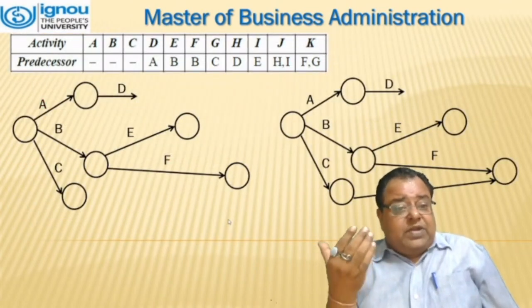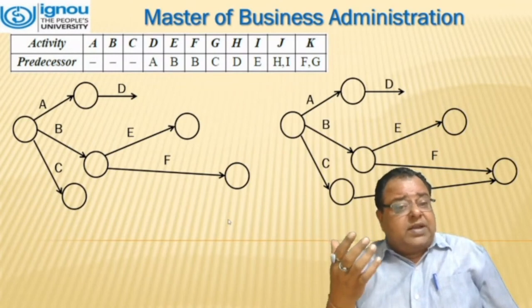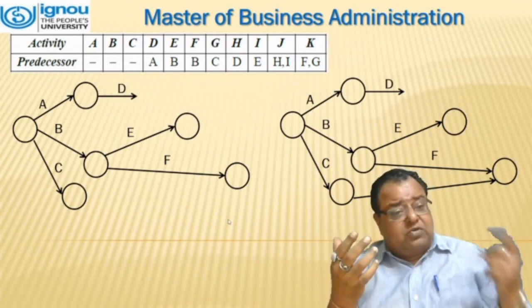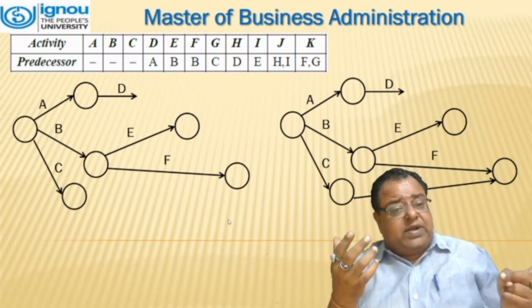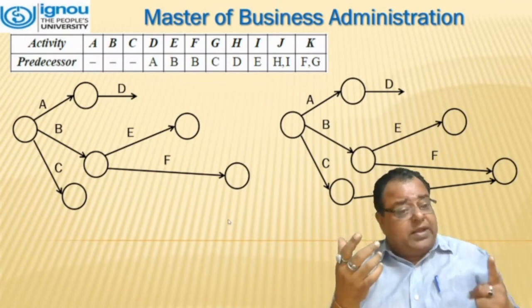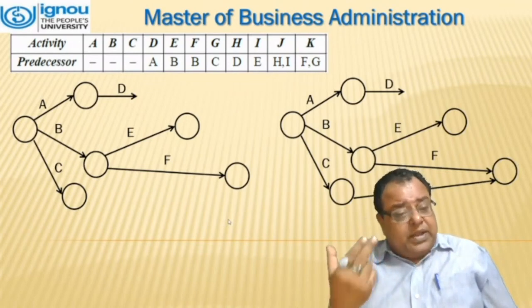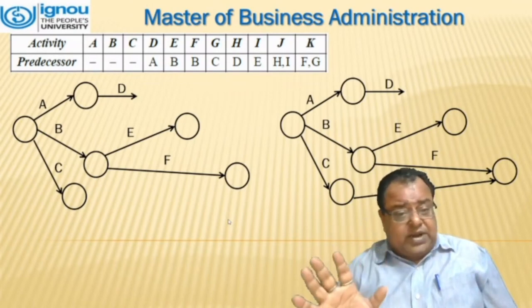Now, we will move to E. E and F have one activity performed before them, that is B. So from B, we will mark two activities, E and F, and we will draw two circles at the arrows' heads.